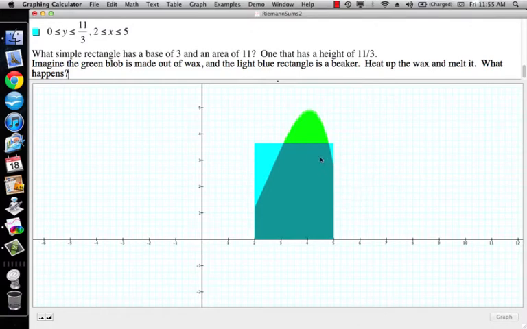Okay, so imagine that the green blob is made out of wax and the light blue rectangle is a beaker.